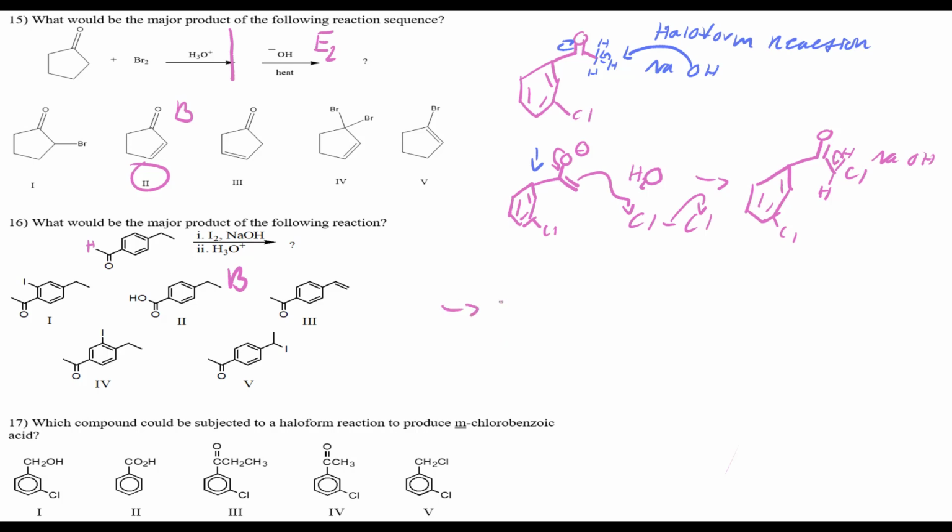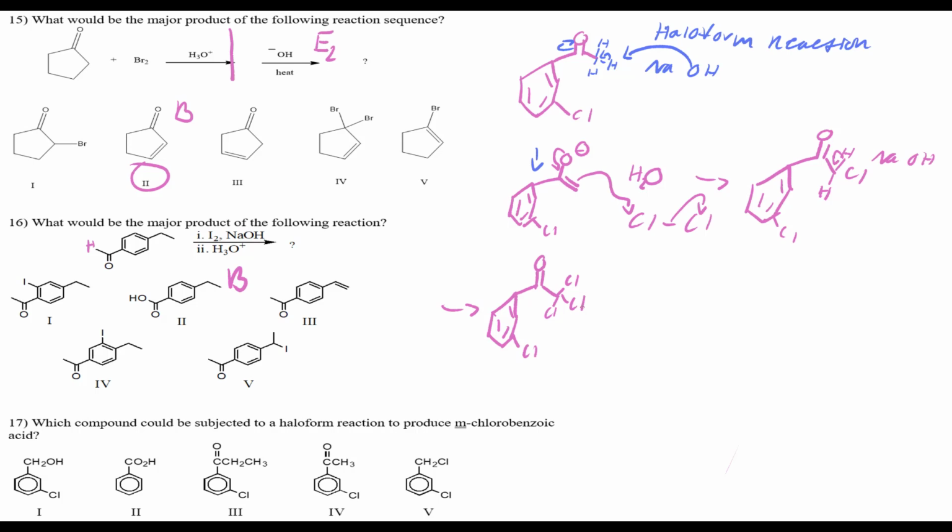And if you do this process over and over, basically you chlorinated it, or I should say you halogenated it. So you exhausted your acidic hydrogens and you replaced all your hydrogens with chlorine or bromine or some type of halogen. That is a haloform reaction, okay?